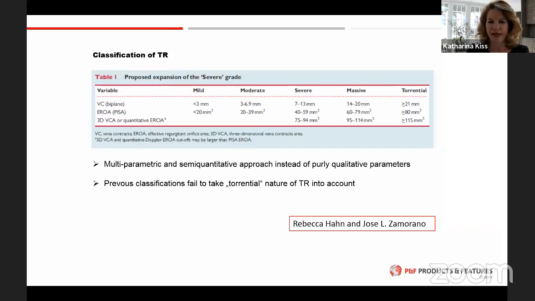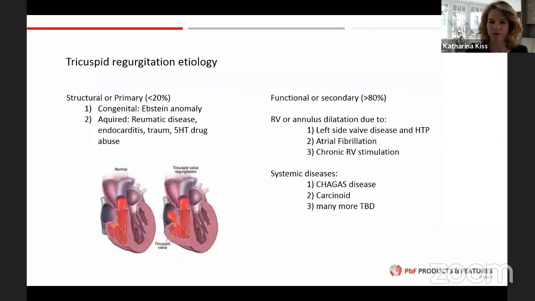And instead of staying with the old graduation of mild, moderate, and severe, there were two more graduations added, massive and torrential, in order to better elucidate the degree and more in a multi-parametric and semi-quantitative approach instead of purely qualitative. So the torrential nature of TR to be taken into account has happened with this graduation.